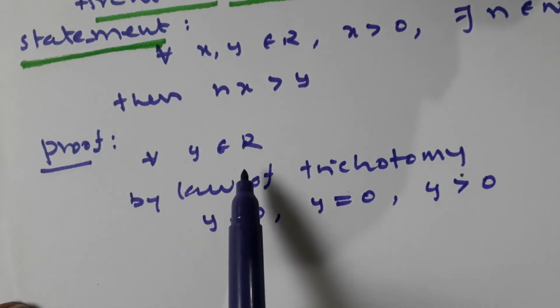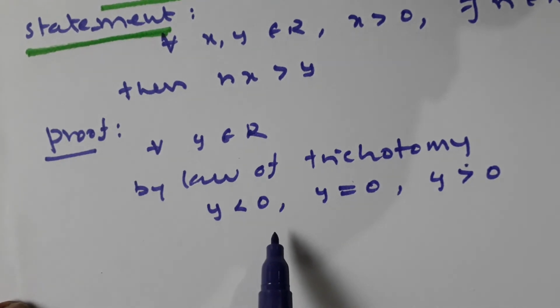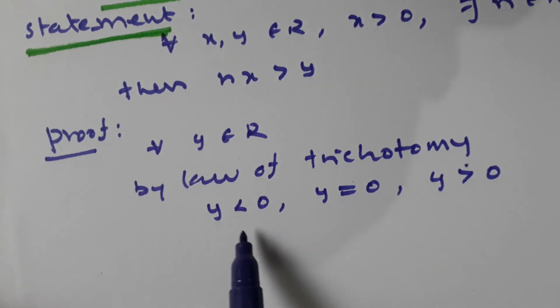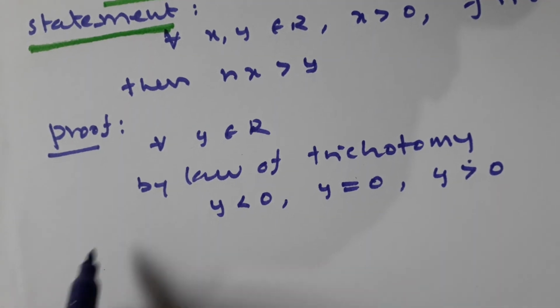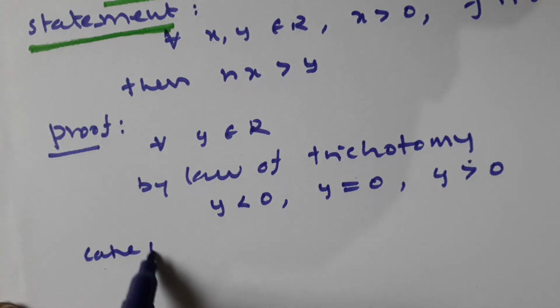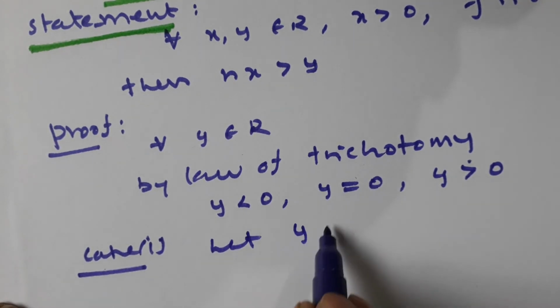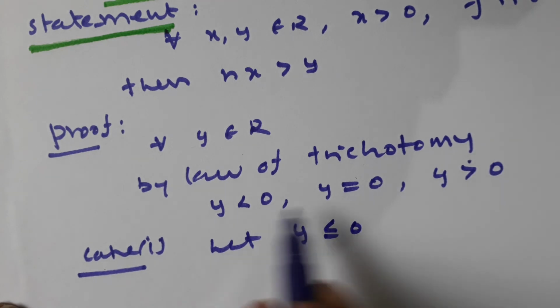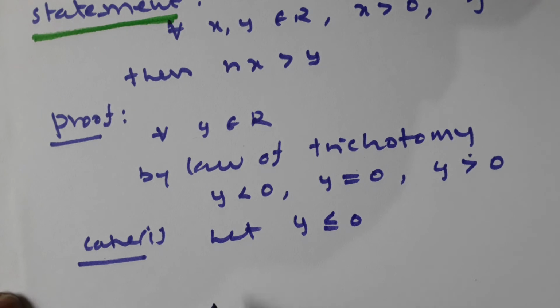Whenever an element is in the real number line, by the law of trichotomy, the element must be either negative, or equal to 0, or positive. So let us see case 1. Let y less than or equal to 0. If these two conditions are true, then we have to prove the statement.